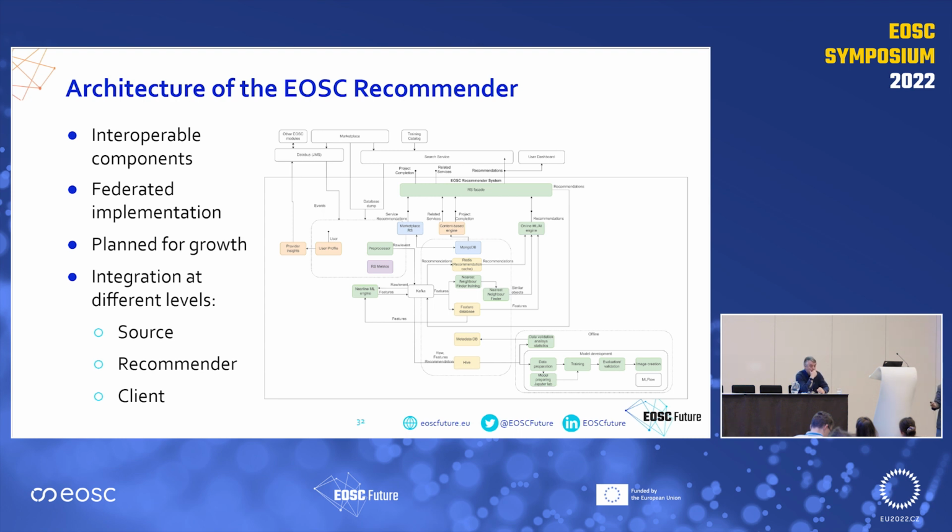The same data could be used to recommend what other services users like, what sets of data, what publications are most popular among users. And you could integrate also on the client side.